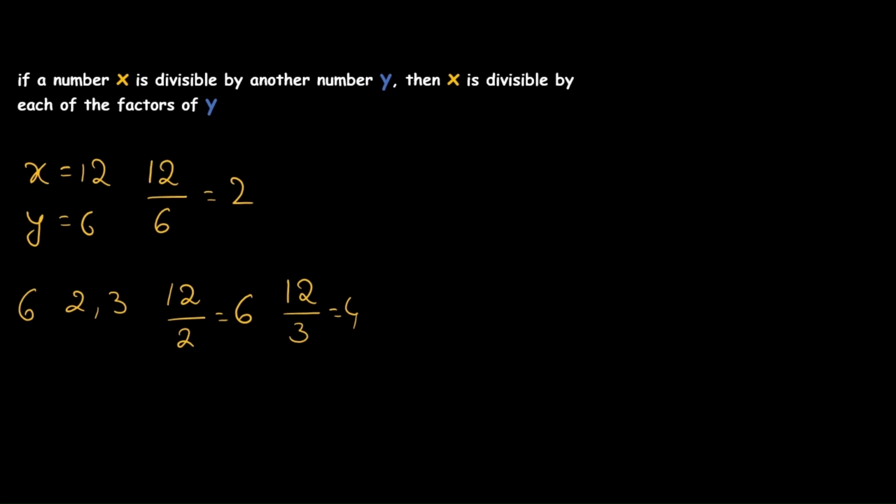Now let's pick another number, say 50 as our x, and another number y which can divide 50 completely. Let's pick y as 10. So 50 divided by 10 gives 5 as the quotient and 0 as the remainder. So 10 is completely dividing 50.